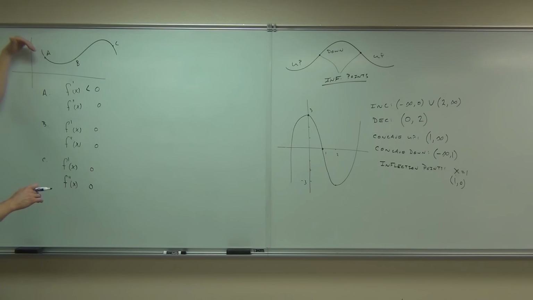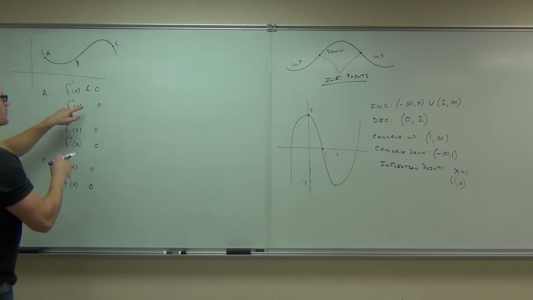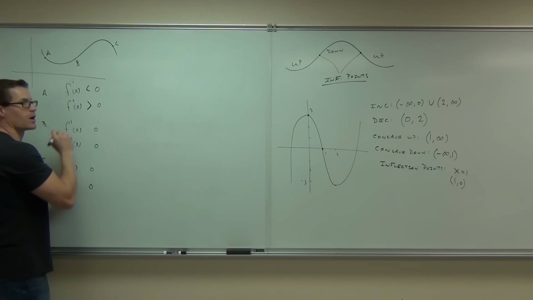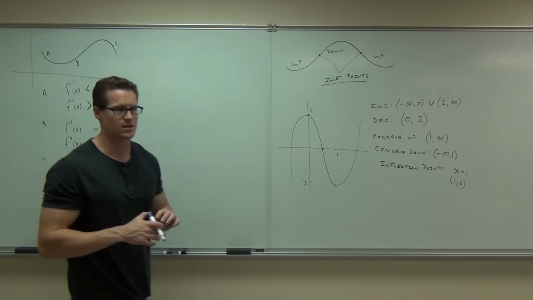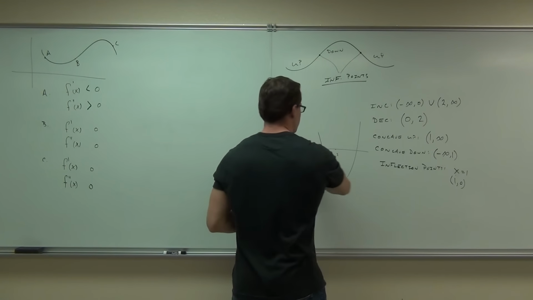Do you follow me? Also, that means I should be concave up. Am I concave up right there? For concave up, is that positive or negative? The second derivative will be positive. It says my slope is increasing. Do the rest. Do B and C.